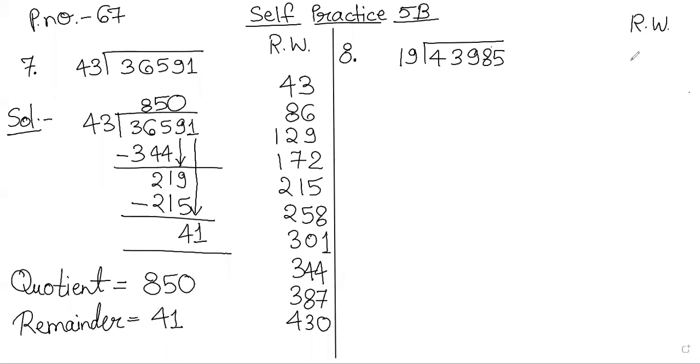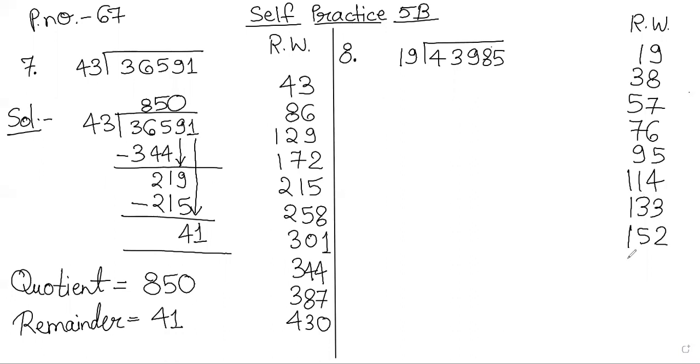In rough work, first of all, we will write the table of 19. 19 ones are 19, 19 twos are 38, 19 threes are 57, 19 fours are 76, 19 fives are 95, 19 sixes are 114, 19 sevens are 133, 19 eights are 152, 19 nines are 171, 19 tens are 190. Now we will start solving.